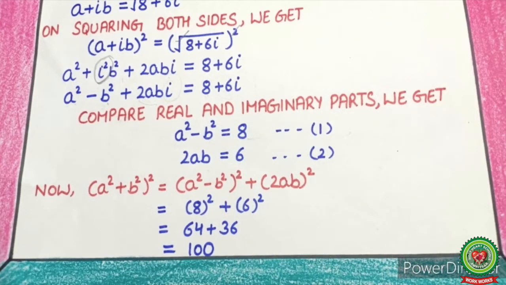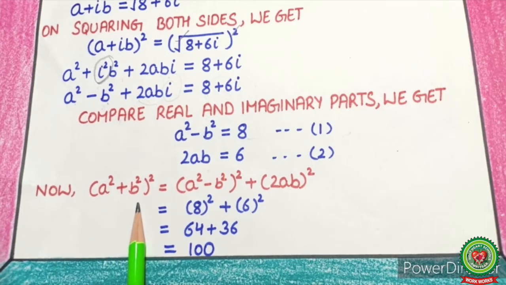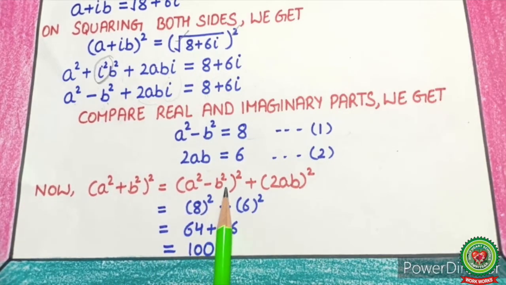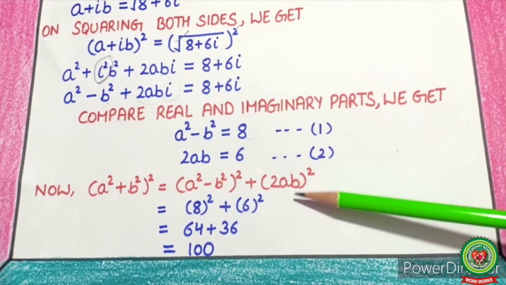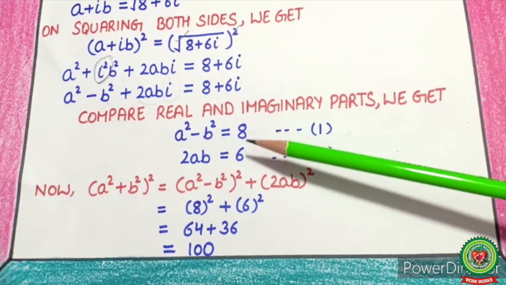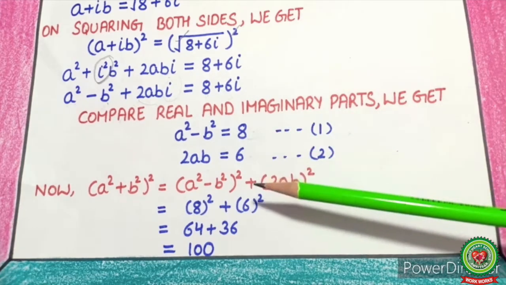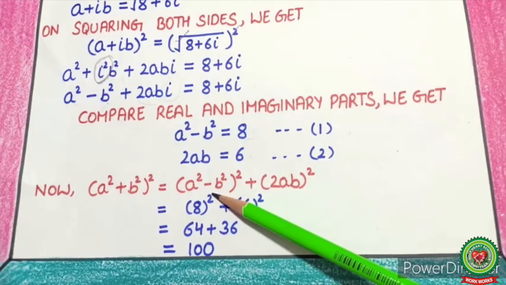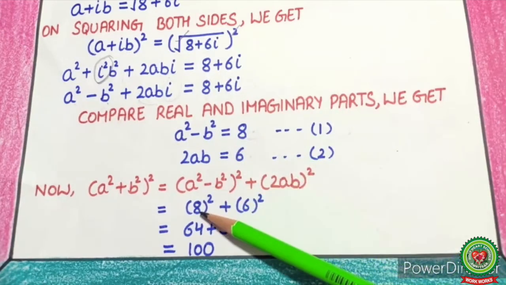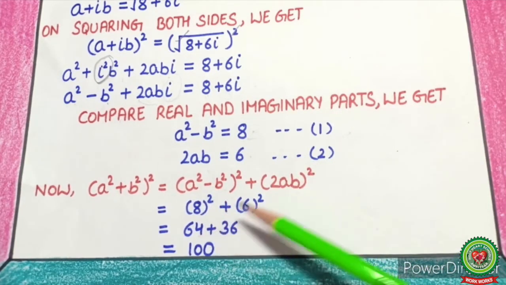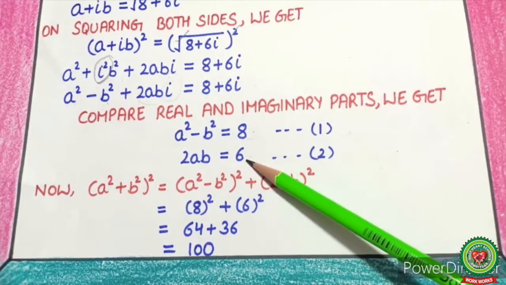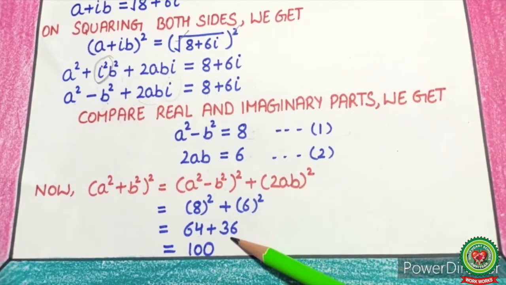Now we are going to apply one more formula: a square plus b square whole square is equal to a square minus b square whole square plus 2ab whole square. We put the values of a square minus b square and 2ab in this formula. The value of a square minus b square is 8, so 8 square is 64, and the value of 2ab is 6, so 6 square is 36.